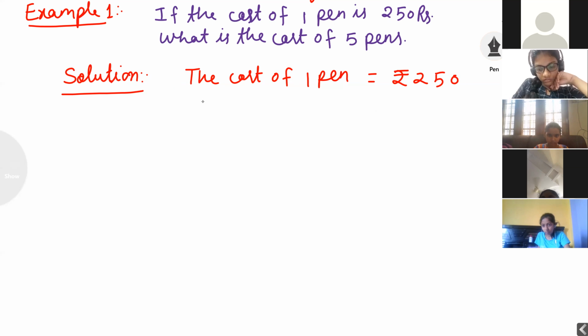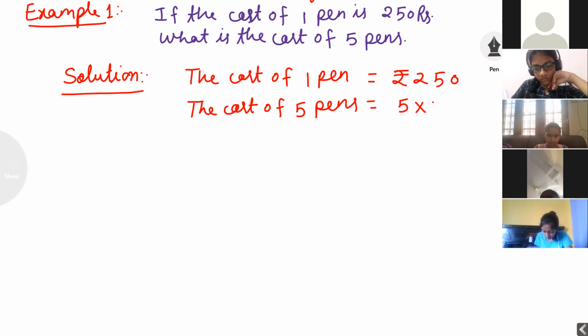The cost of 5 pens is equal to 5 into 250, which is 1250 rupees.